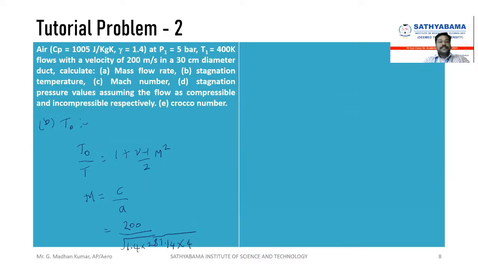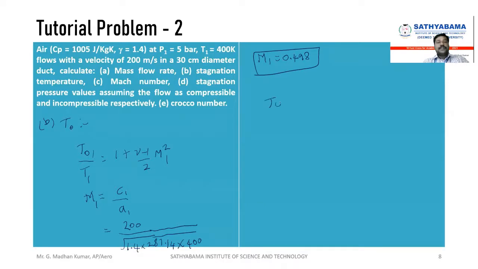T1 is 400, right? In all suffixes, we add this suffix 1. And then what is M1? M1 is 0.498. Yes, we have found the value of M1.